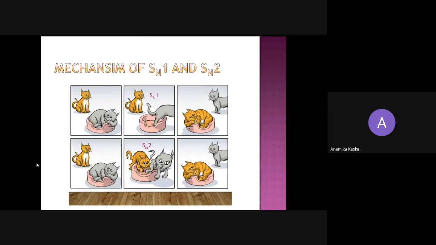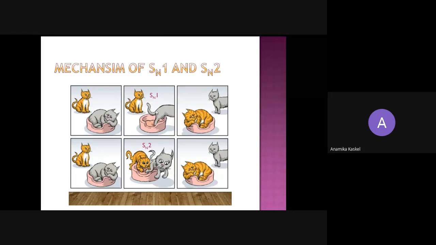You observe from the mechanism that there is one gray color cat and one yellow color cat. In the Sn1 case, what happens? The yellow cat will not jump into the bed of the gray cat.